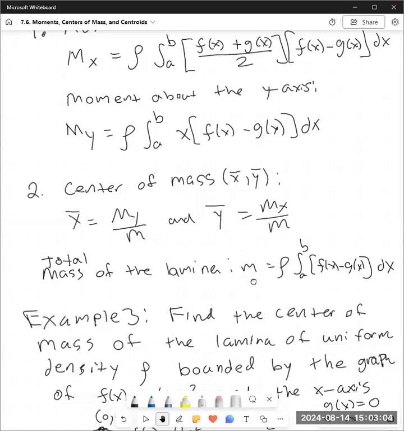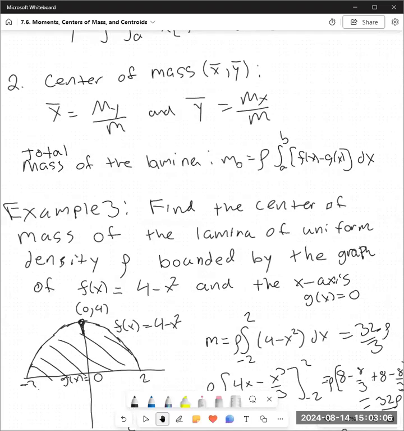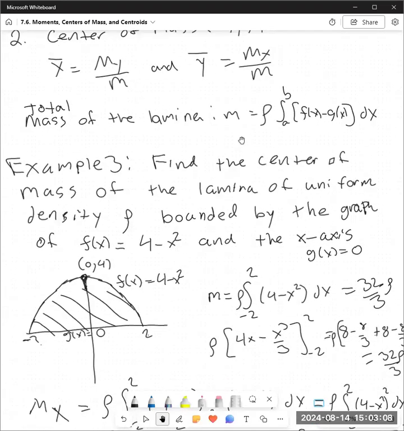So let's find the center of mass of the planar lamina of uniform density rho bounded by the graphs of f of x equals 4 minus x squared and the x-axis, which is going to be g of x equals 0.